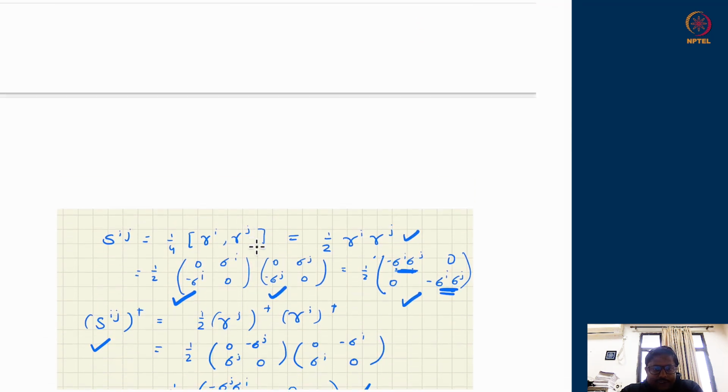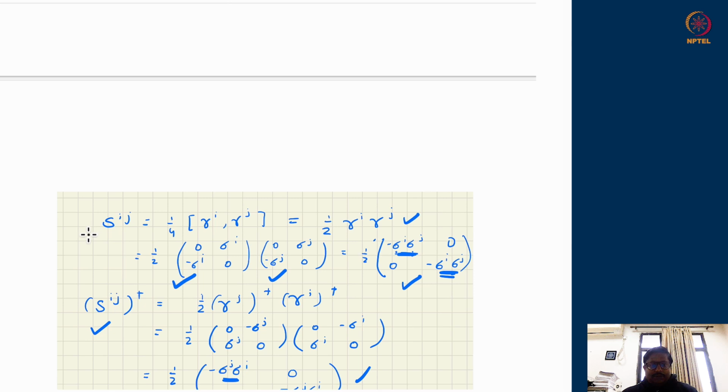So here, when I have written the transformation generators as 1/4 commutator of gamma i and gamma j, typically the Lorentz transformation matrix d lambda is written as just exponential of omega mu nu S mu nu. However, if I want to write in terms of iota omega mu nu, then many times people would write a minus iota in front of this as well. So with any of these definitions, we can go ahead.